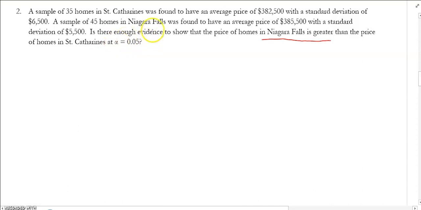And first thing we're going to do is state the hypotheses. Now, you'll see that there is some direction that is indicated here. So when we write our hypotheses, we have to make sure that we account for the order. So in this case here, what we're saying is there enough evidence to show that the average price for Niagara Falls is greater than?